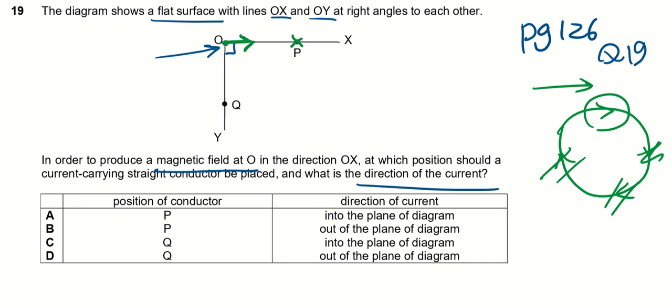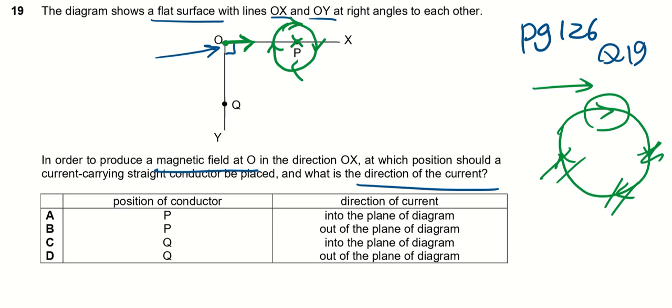Then, if I were to put my thumb facing in that direction, correct? So if I have a current at P, the magnetic field direction will not be parallel to OX. It will be either up or down. It will not be parallel. Correct?